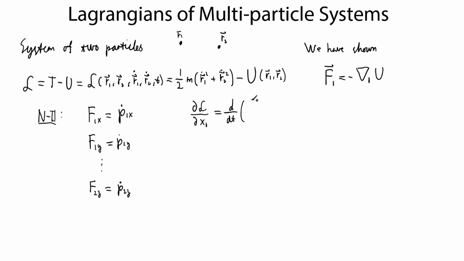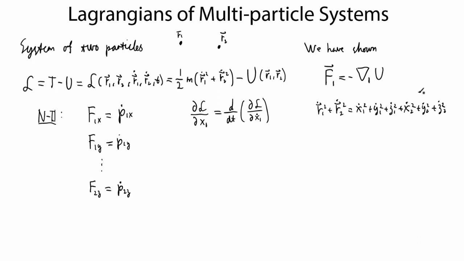So the momentum is going to be dL/dx1 dot. It's no different from before, because what we have in here specifically, r1 dot squared plus r2 dot squared, that's x1 dot squared plus y1 dot squared plus z1 dot squared, etc. So if I take the derivative with respect to, well, these are all dotted, of course, because these are velocities.